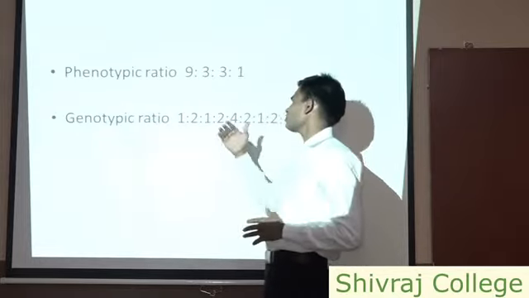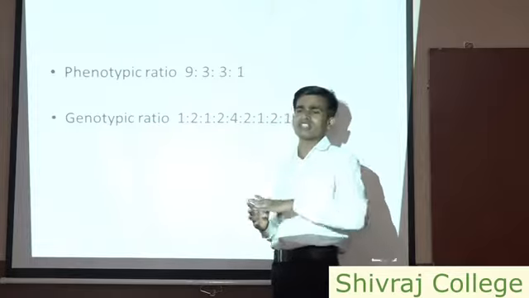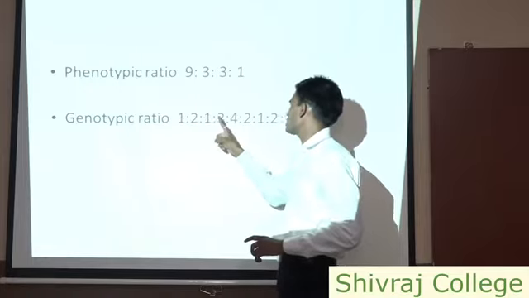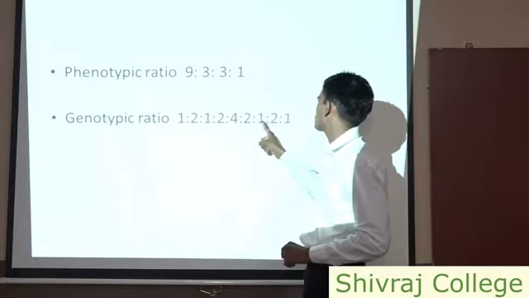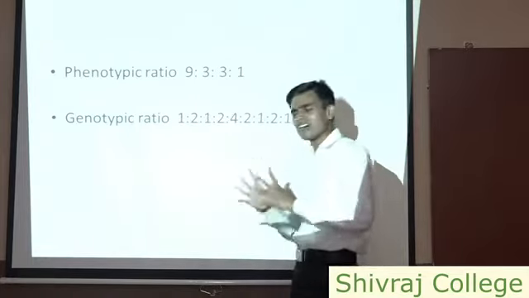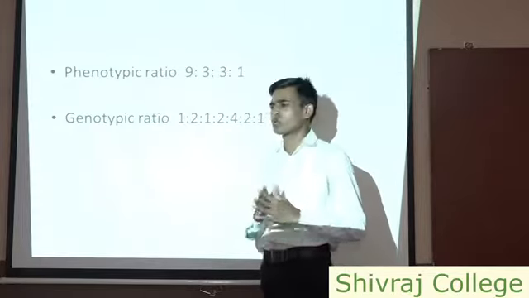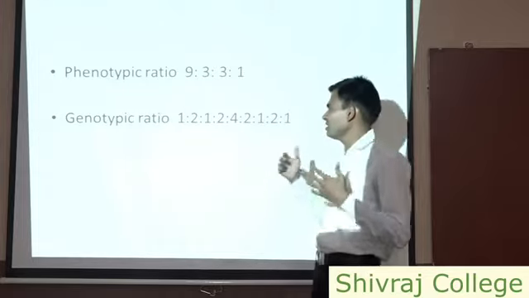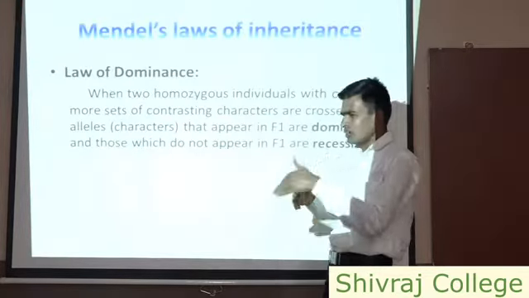Then the genotypic ratio is the actual genetic constitution: 1:2:2:4:2:1:2:1. These are the different genotypes.